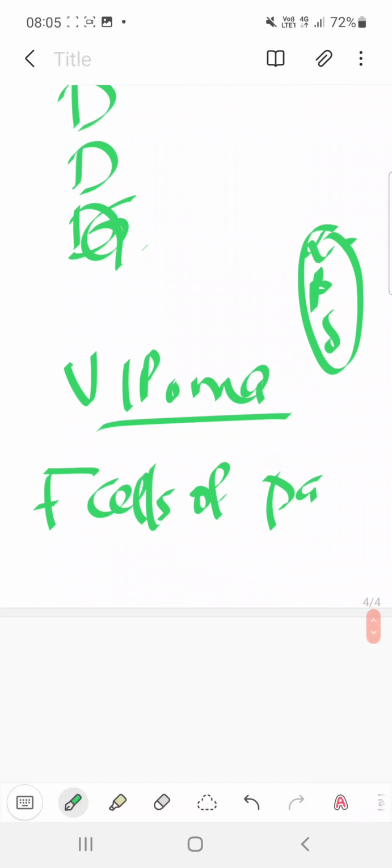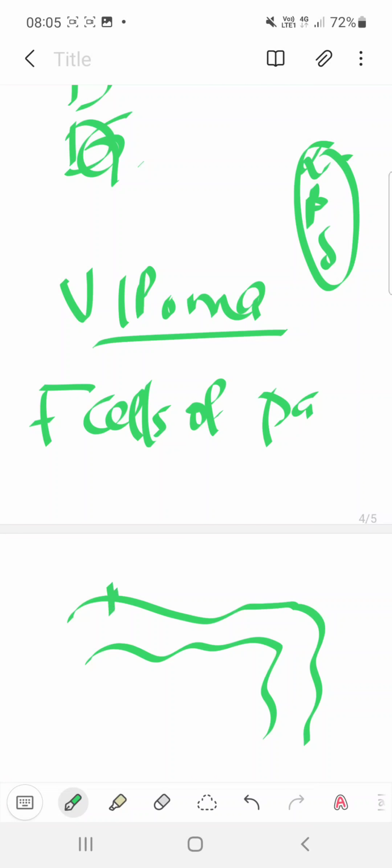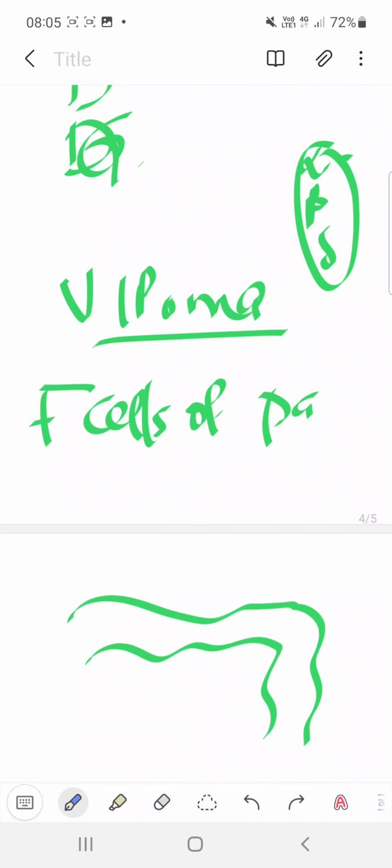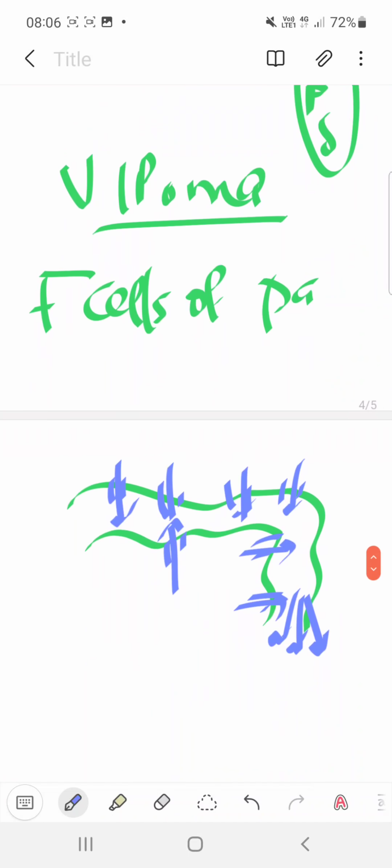So here it is from the F cells of pancreas. So in the gut, there are several water channels opened. Water channels in gut. So what happens? Water is absorbed into the gut, and there will be secretory diarrhea.